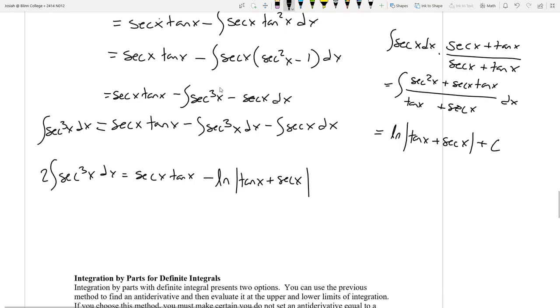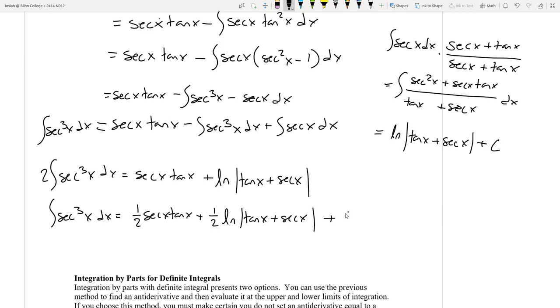And when I distribute that negative, this should make this positive. That looks better. All right, so we'll go ahead and divide by 2. So you get 1/2 secant of x tangent of x plus 1/2 natural log absolute value of tangent of x plus secant of x plus c.